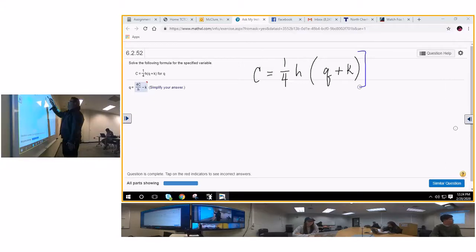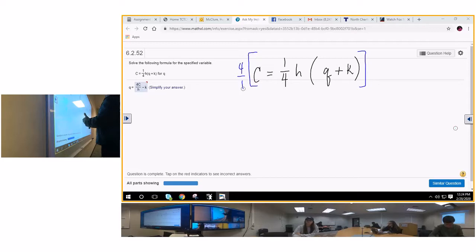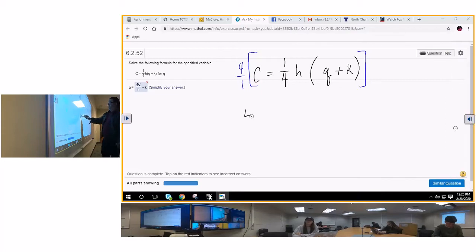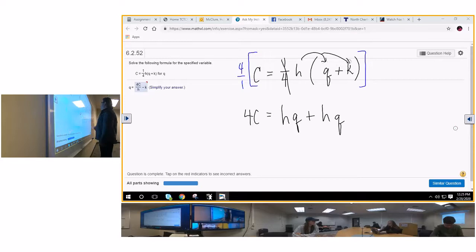So I'm going to multiply both sides by 4 over 1 or 4, whatever you want to call it. The reciprocal or the common denominator, I don't care what you call it. So that will be 4C is equal to HQ plus HK. And I went ahead and distributed that because I think that's the way they want their answer.